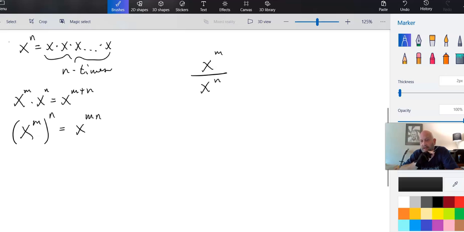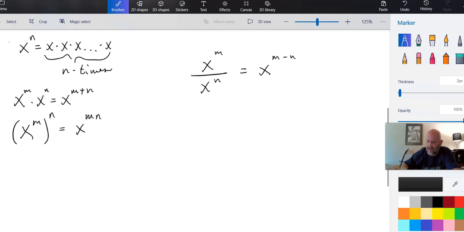Okay, so you want to be thinking, well, let's see. When I multiplied like bases, I added the exponents. So now I'm dividing like bases. What does it feel like you should be doing with the exponents? And just as a gut feeling, you should be feeling that there's a subtraction involved. And it's absolutely true. There is a subtraction involved. This ends up being x to the m minus n, right?